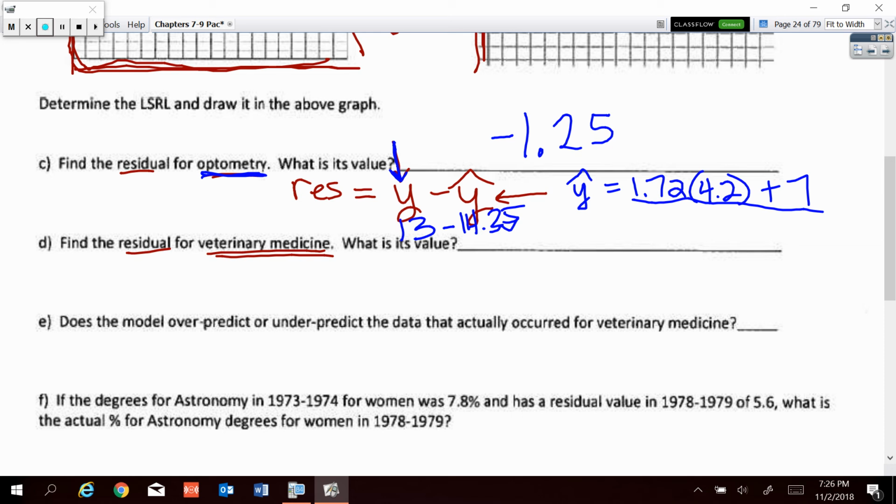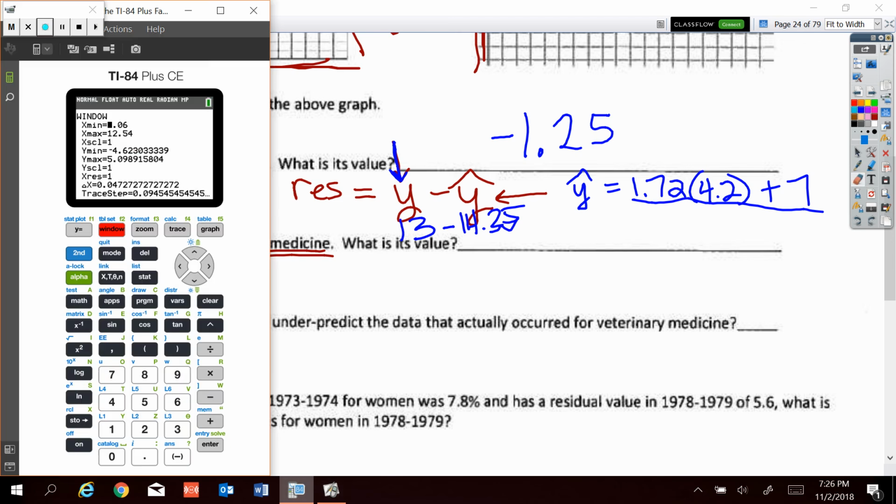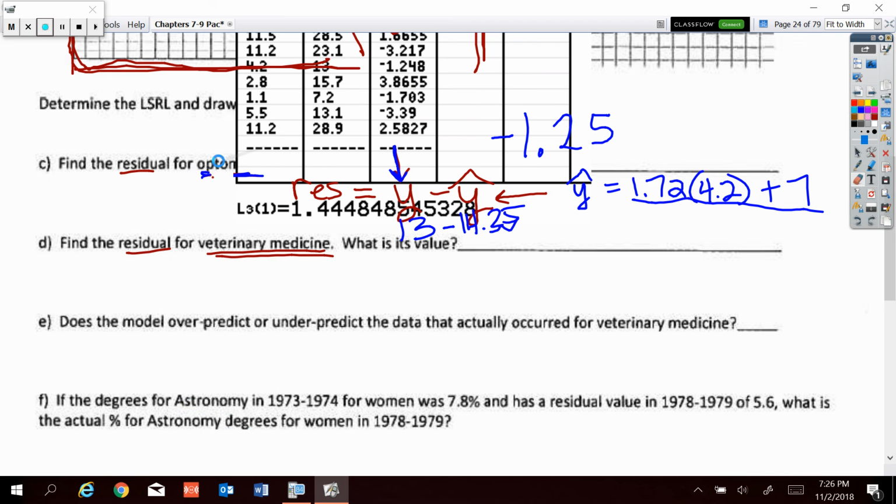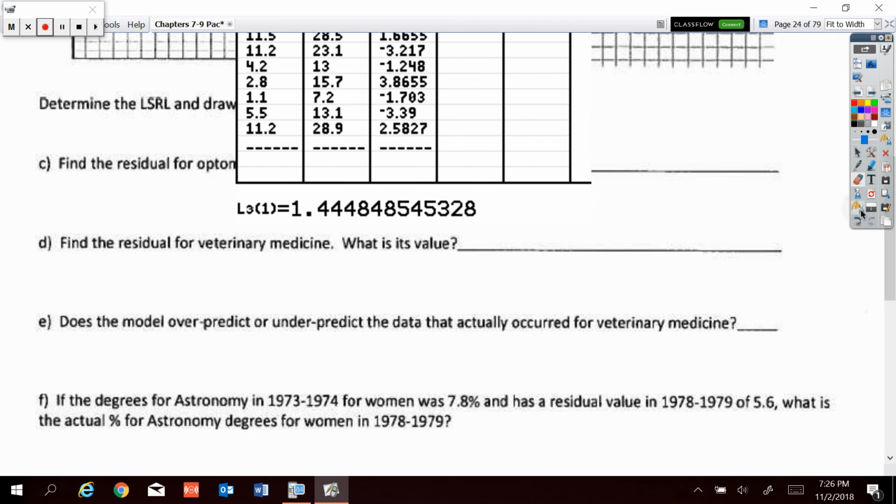Now, I wanted to mention something because we always want to use our common sense if we can. Do you remember what we had in our calculator? Our L3 list had some very interesting information.